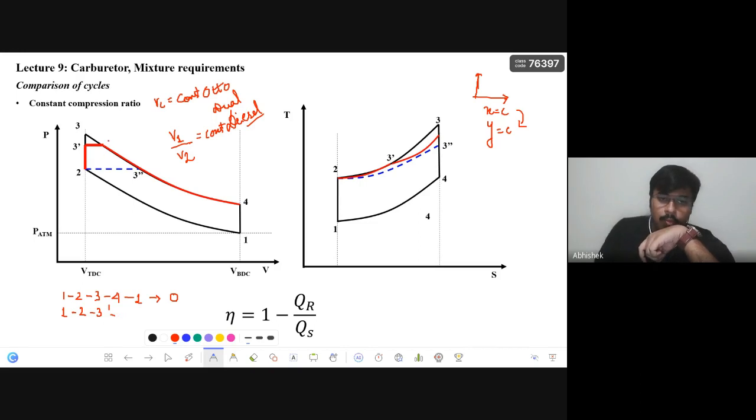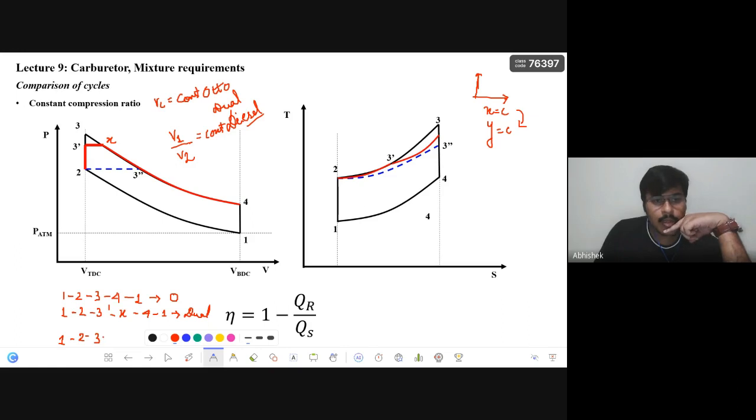Then this point I have not marked, let us say this is some X. Then 4, then back to 1 is the dual cycle, because there are two portions of heat addition. One is constant volume, then constant pressure. Then the final 1, 2, 3, 3 double dash, 4, and back to 1 is the diesel cycle.